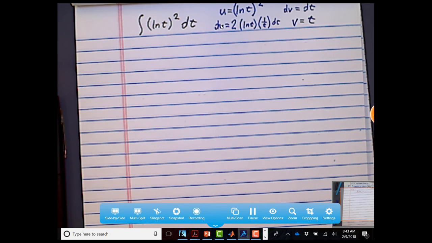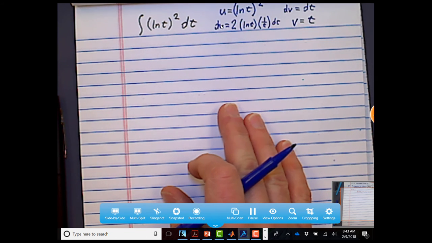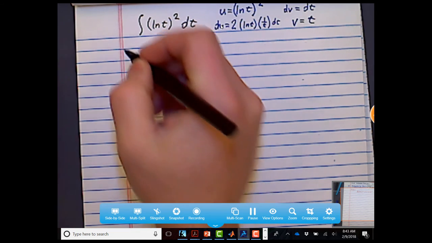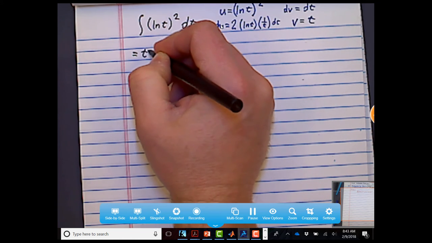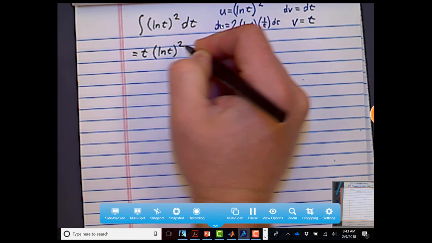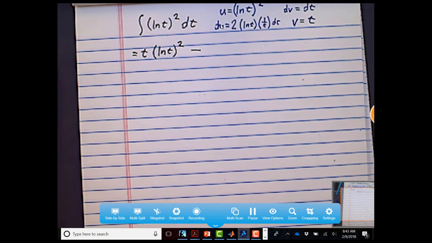So here I go. We're going to write this problem as uv, so that's t times the natural log of t squared minus the integral of v du.